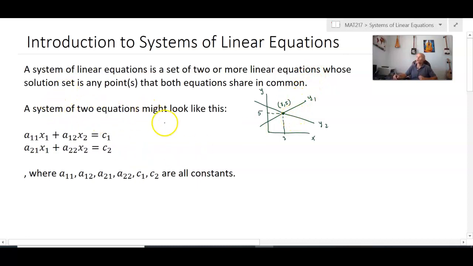So a system of two equations might look like this. We have a sub 1,1 times x1 plus a sub 1,2 times x2 equals c1. And then a second equation, if we only had two equations: a2,1 times x1 plus a2,2 times x2 equals c2.